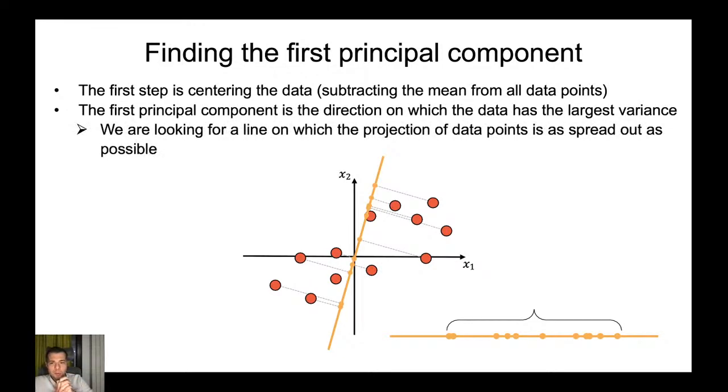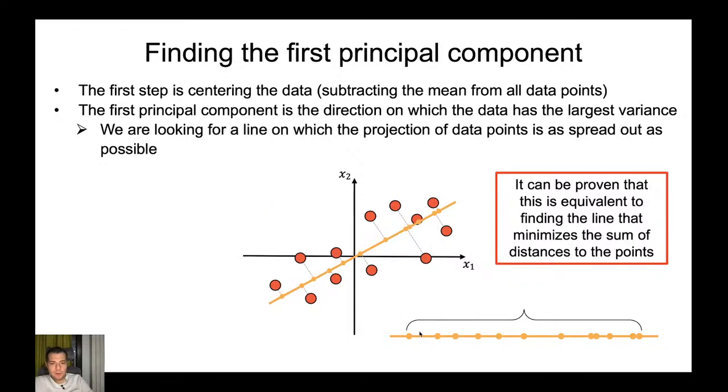Then we look for a direction on which we project the data points that has the largest variance. We're looking for a line on which, when we project the data points, we will obtain the largest variance.